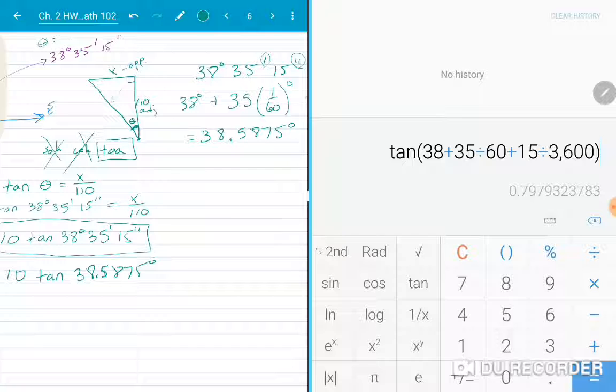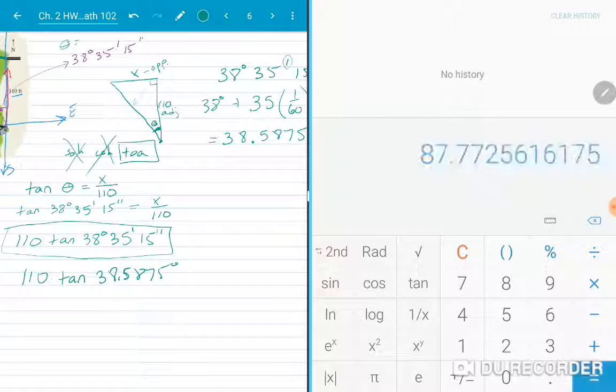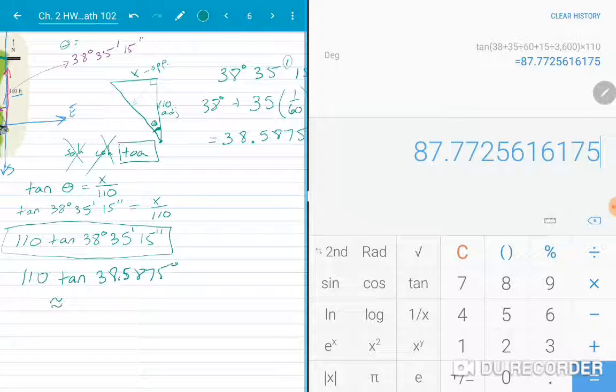So tangent of that times 110, which gives me approximately, and this is approximate too, by the way, 87.77 feet.